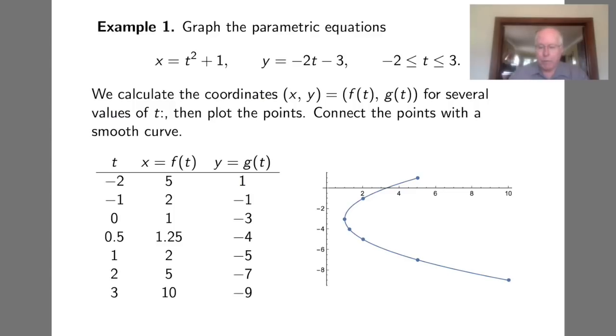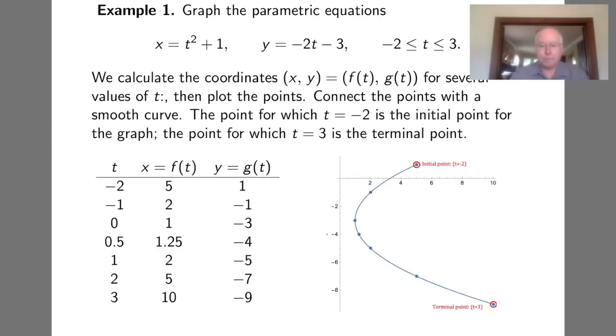Now, a bit more terminology. Often, especially if you're describing motion, when we graph parametric equations, we think of the motion as starting at the lowest t time, that is time t equals minus 2, and the corresponding point for that, where the object, say, starts if we're describing motion, is called the initial point for the curve.